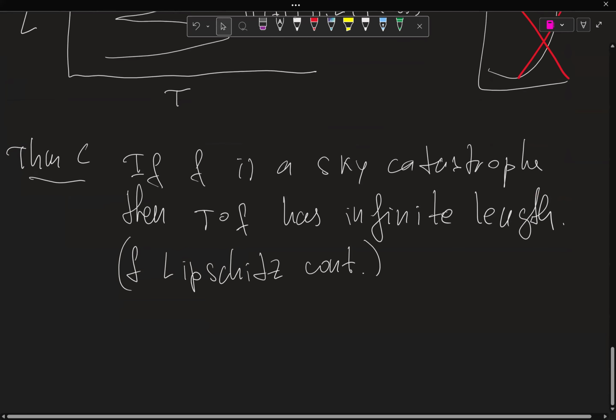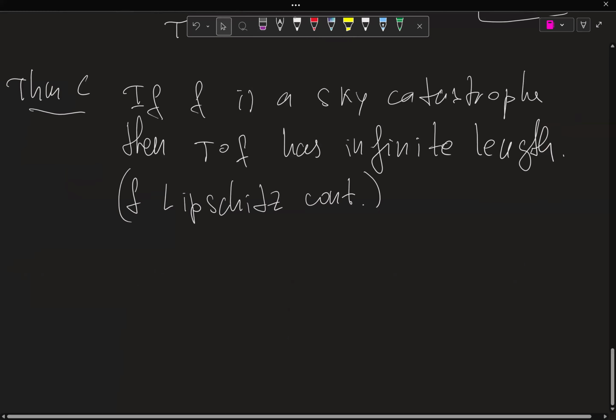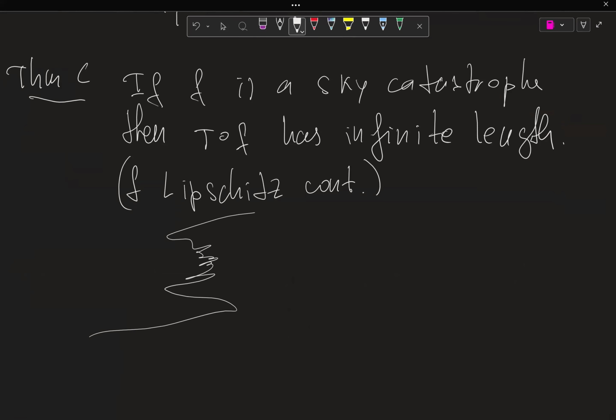So basically you have to zigzag. Maybe the zigzags are very wild, but you have to have some kind of back and forth behavior.